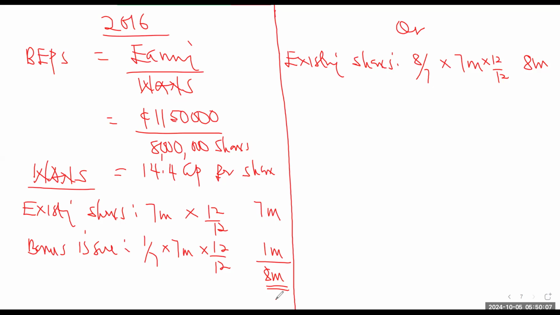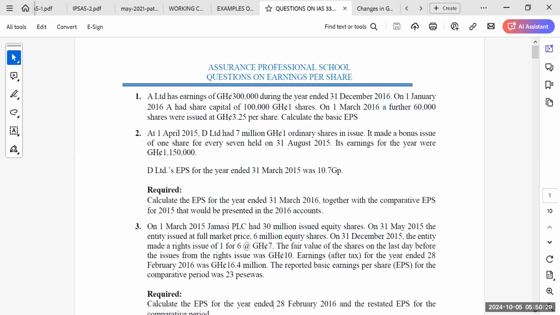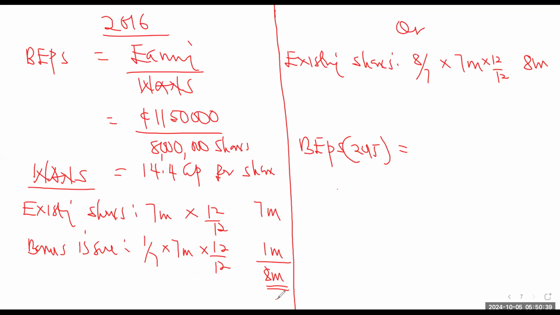Let's come here. They are saying that we should show the comparative, the basic earnings per share, the restated one for 2015. What is the earnings per share given to us there? 2015 is 10.7 pesos.